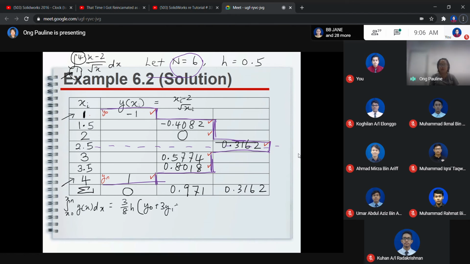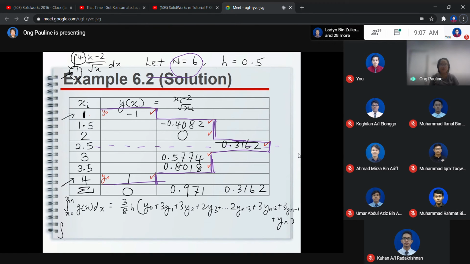So 3y1, 3y2, 2y3 tambah dengan 2, 3, 3. So I have 2y(n-3), 3y(n-2), 3y(n-1), dan tambah dengan yn. Right. Okay, so now let us make use of this in order to answer for this question.